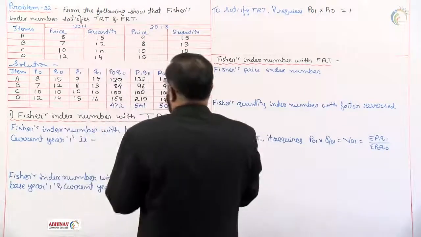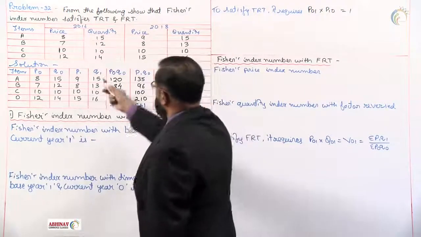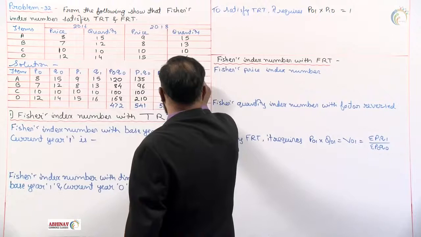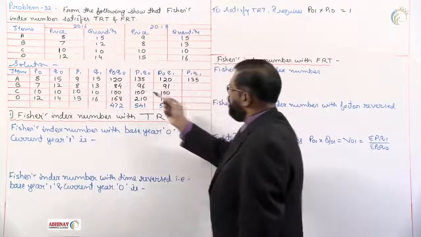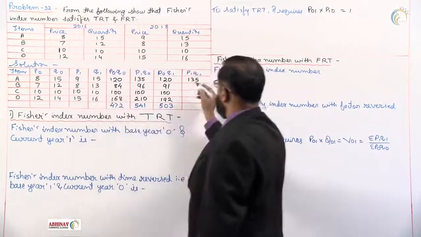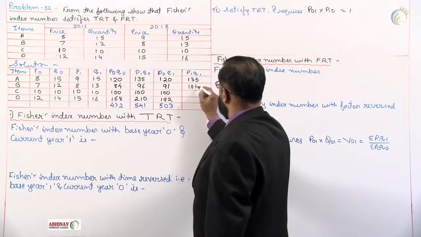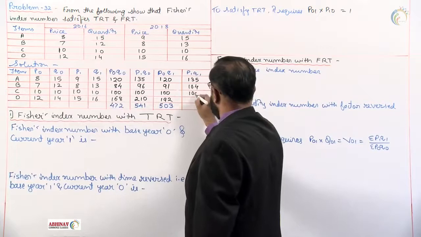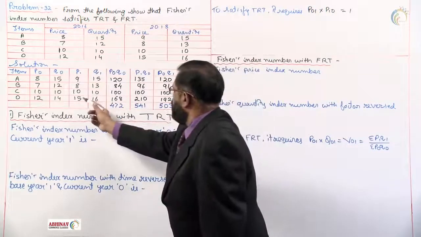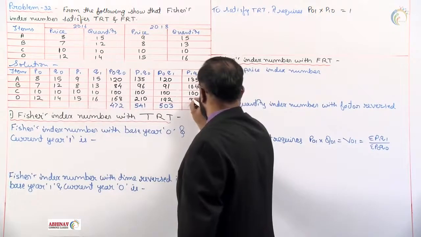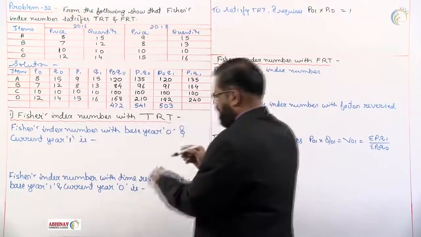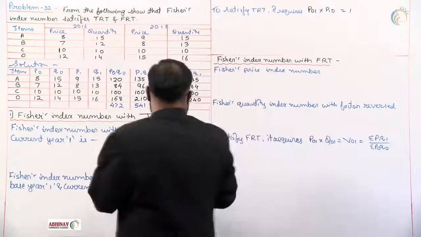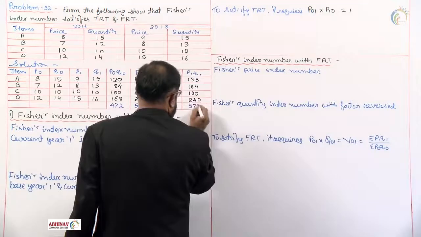Then the last one, P1 Q1: 9 into 15, 135. Then 8 into 13, 104. 10 into 10 is 100. Then 15 into 16, 240. And the total is 579.